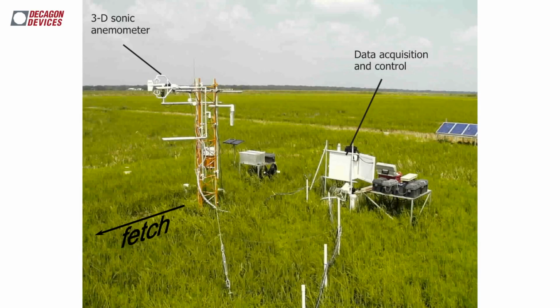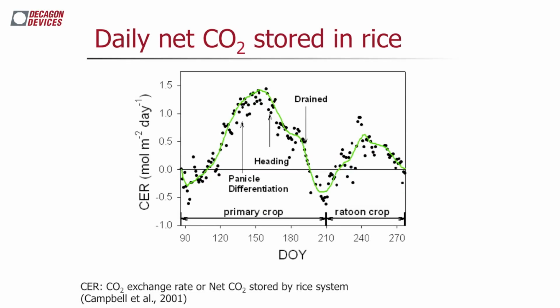This was an irrigated, flooded situation, so that we can actually get at a lot of the interesting parameters in terms of CO2 flux and get directly at photosynthesis. There you're just seeing the flux tower with the data acquisition control system. There's a lot of stuff that went into that we don't have time to talk about today, but we did collect a pretty good data set.